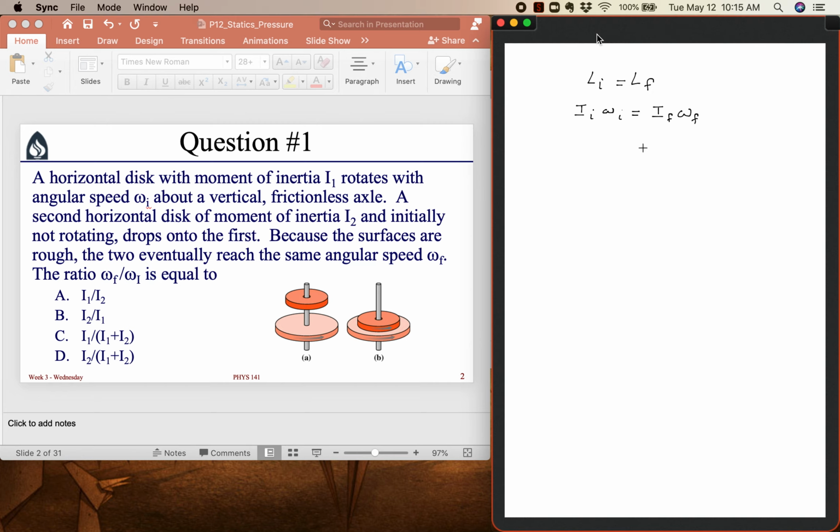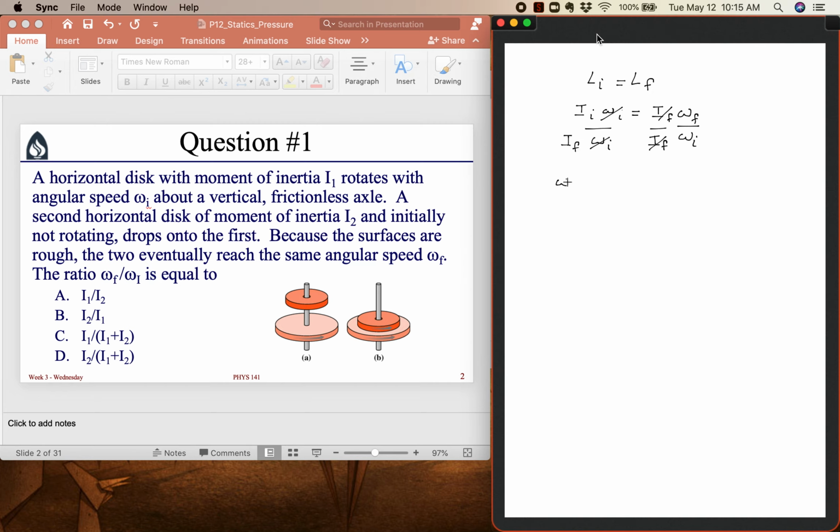And what we want to solve for is the ratio of the final divided by the initial angular velocities. So to solve for that, we would need to divide both sides by the initial angular velocity, and so it cancels on this side. Then to get this ratio all by itself, we also need to divide both sides by the final moment of inertia, so that it cancels over here.